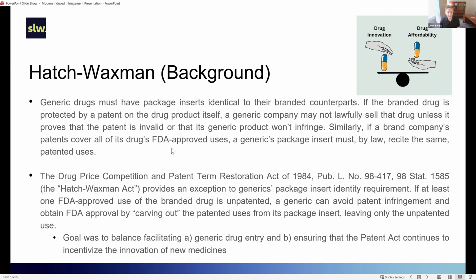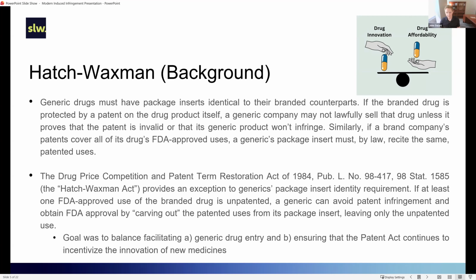Now, where the Hatch-Waxman Act comes in is it provides an exception to the generic's package insert if at least one FDA approved use of the branded drug is unpatented. A generic can avoid patent infringement liability and also obtain FDA approval by carving out the patented uses from its package insert.